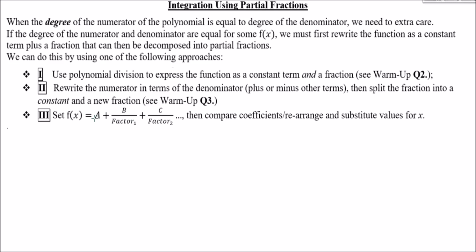All it means is once you've got your constant term, to rewrite the rest of it in terms of its individual factors if it's already factorized, or this might be, for example, the original denominator, in which case this term here is a polynomial with degree 1 less than the denominator. Again, in practice it's much easier to see than just the theory. On that note, let's put it into practice.